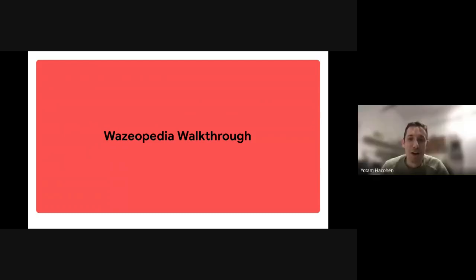Yes, sure. So, hi everyone. I've met some of you in the process of looking into the beta Wazeopedia, and we had a lot of insights from the community, and we would like to go over some of the main new features that we were implementing. We will start with the more basic features that we saw some of you had issues using in the past days.